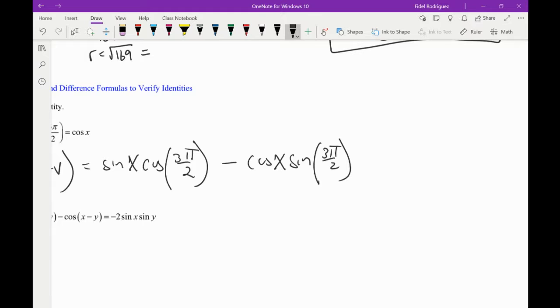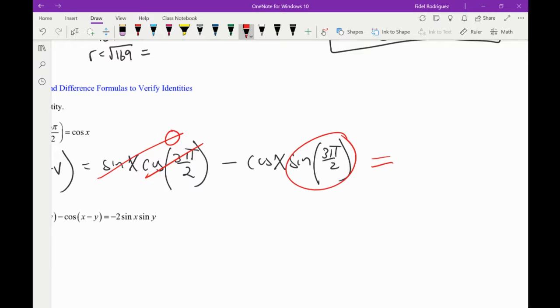So if the cosine of 3 pi over 2 is 0, 0 times the sine of x is going to go away. Right? Because 0 times anything is what? 0, right? Okay. What are the coordinates of the point down here again? 0 and -1. The sine is the y value.